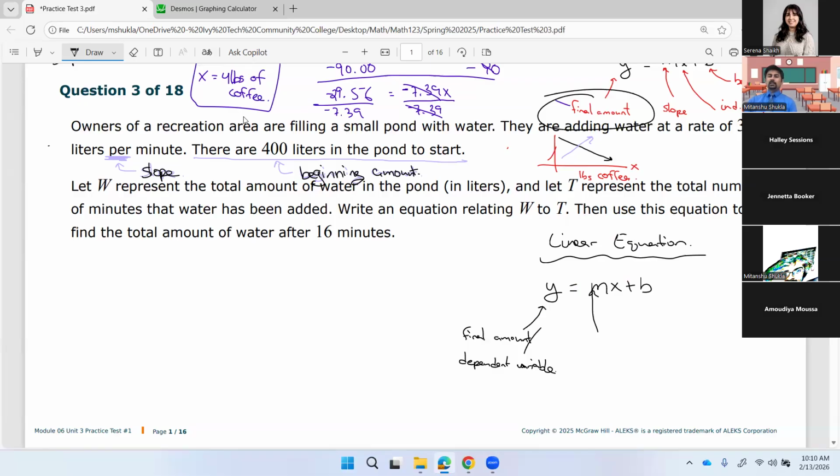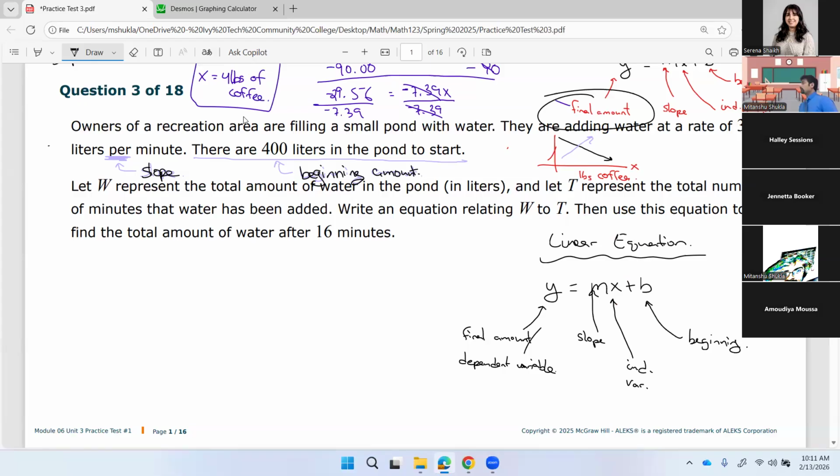M is still my slope. X is my independent variable. And I'm going to talk about what that means. And B is still my beginning.